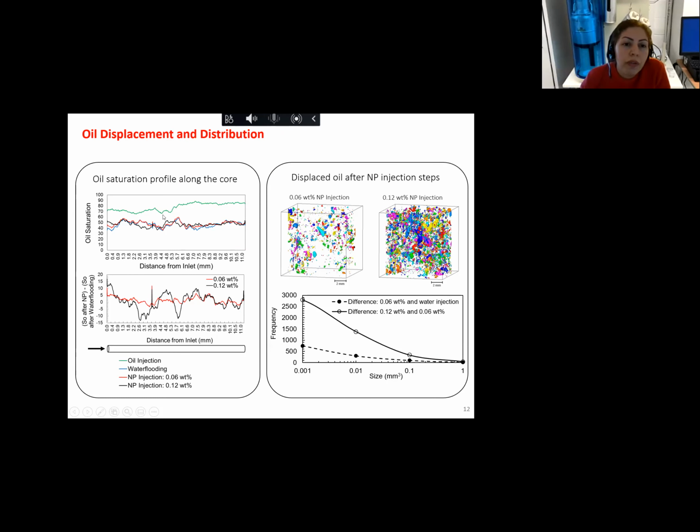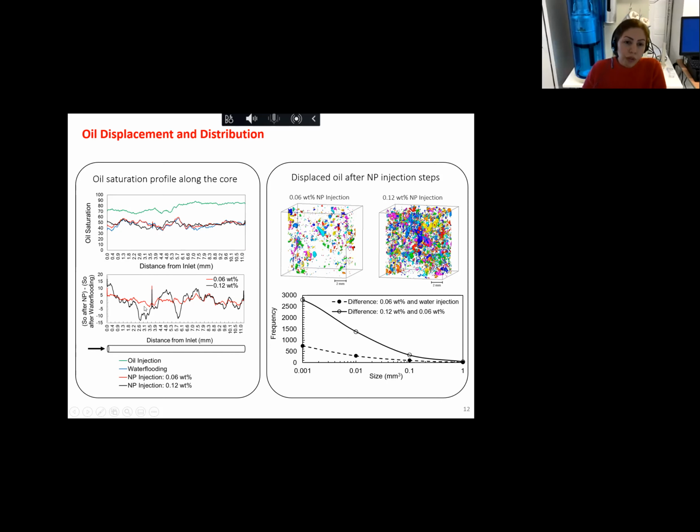This is the green line, and you can see this is about 70% throughout the column, along the length of the core. And then we injected the water, so it dropped the saturation down to around 40. And then we injected the lower concentration and higher concentration nanoparticles, and you can see these are all very much tied together.